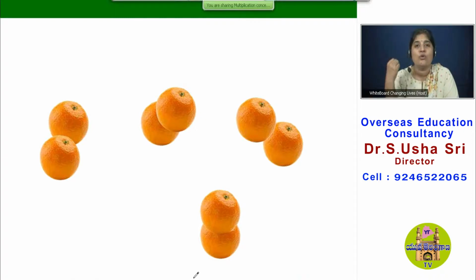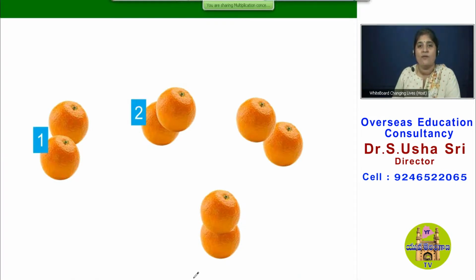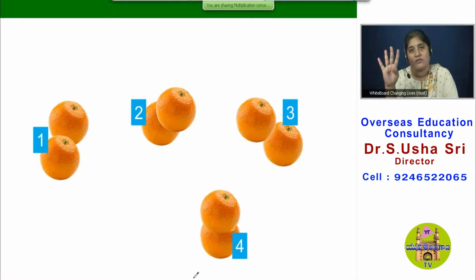We have grouped 2 at a time. So then how many groups have formed, children? 1, 2, 3 and 4. So there are 4 groups. 4 groups, 2 each. So 4 groups, 2 oranges at a time, total gives you 8.